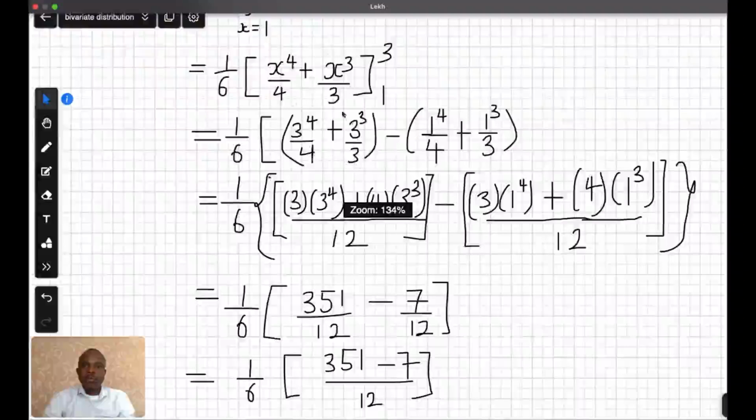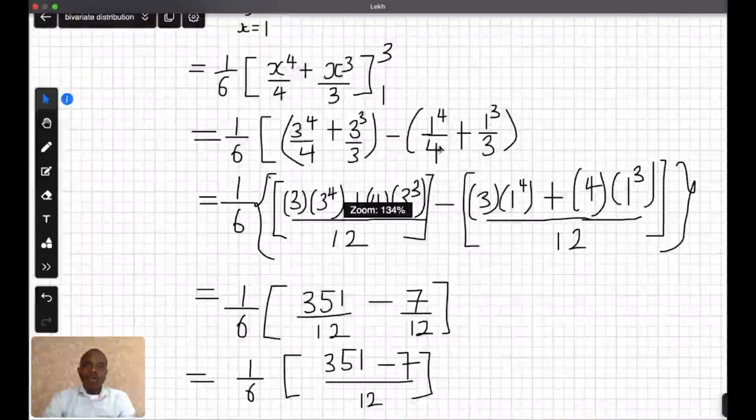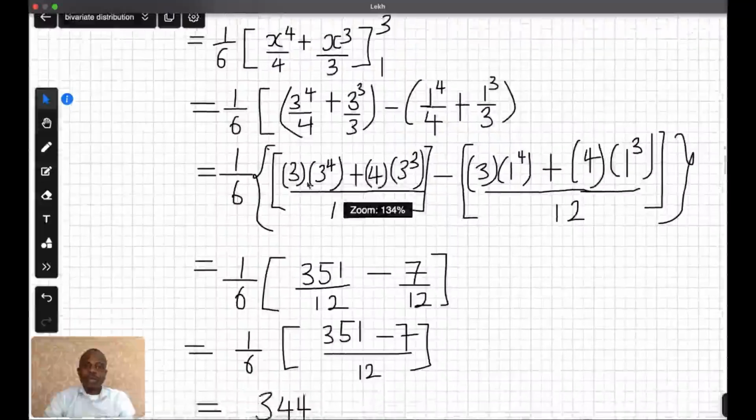So that's the first time, when x is 3. And then when x is 1, you end up getting 1 raised to the power of 4, then 1 raised to the power of 3. In the first case you are dividing by 4, in the second case by 3, and then you go on.